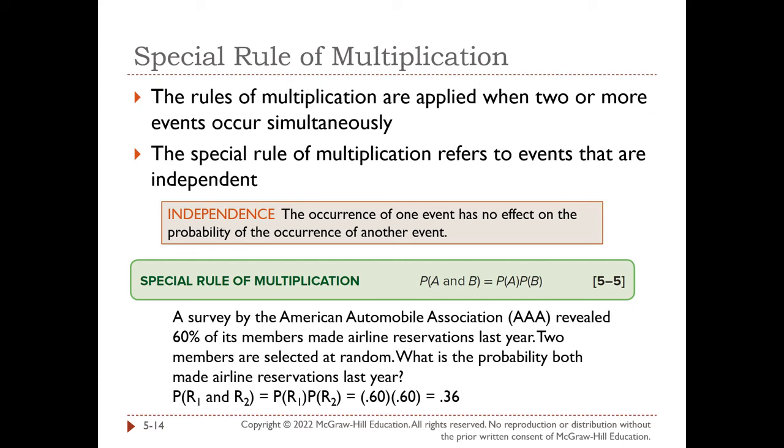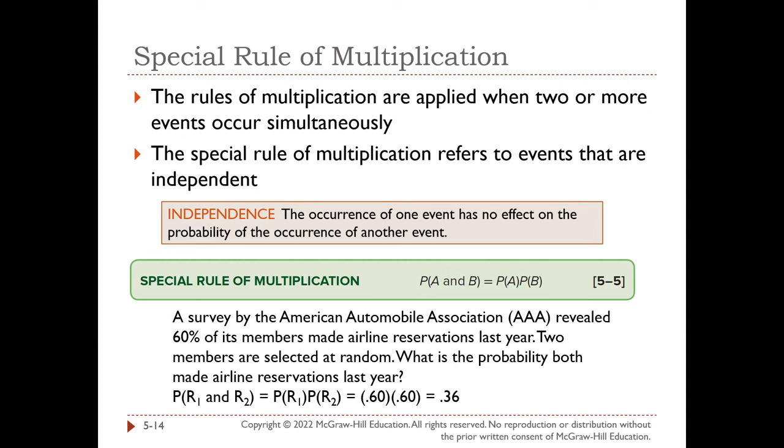Okay. So a survey of the American Automobile Association, AAA, if you ever want to know what AAA actually stands for, revealed that 60% of its members made airline reservations last year. Two members are selected at random. What is the probability both made airline reservations last year?